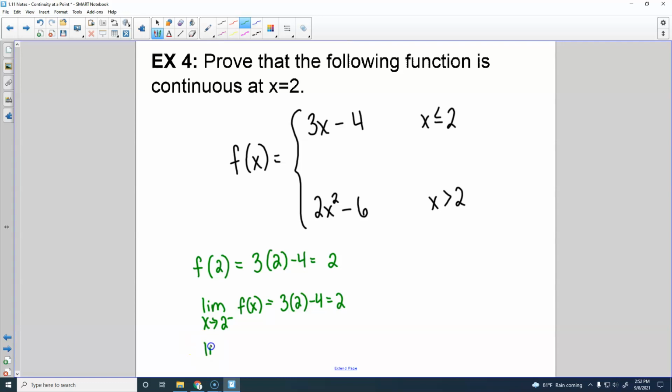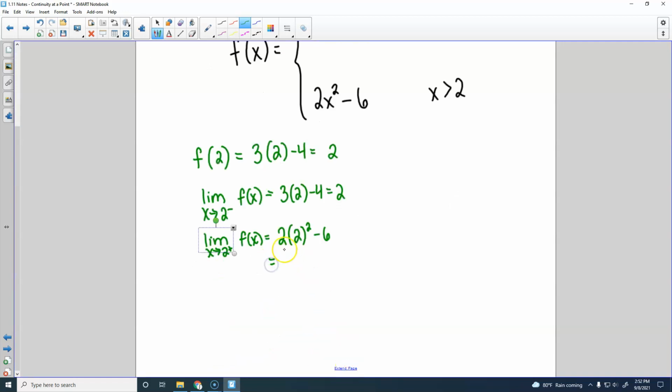And then we'll do the limit as x approaches 2 from the right of f of x equals 2 times 2 squared minus 6, which is going to give us 2 times 4 minus 6, so 8 minus 6, which also gives us 2.